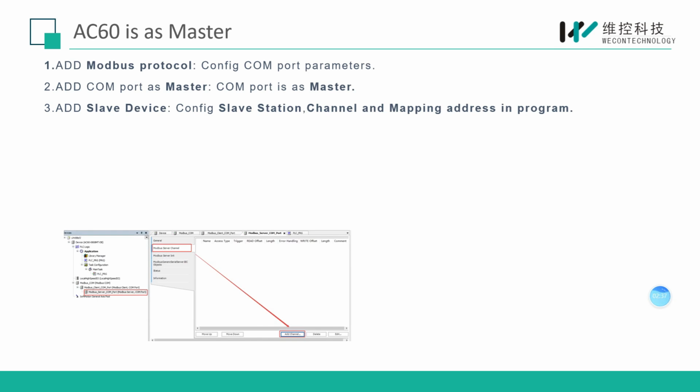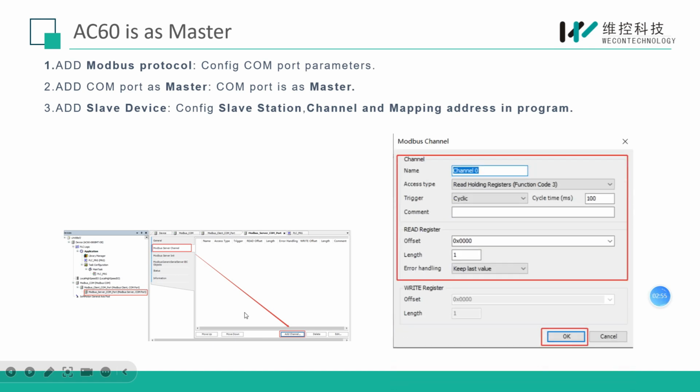Okay, before mapping addresses, we must create channels for communicating registers between master and slave. Click Add Channels. We can name the channels and select the function code of Modbus RTU.